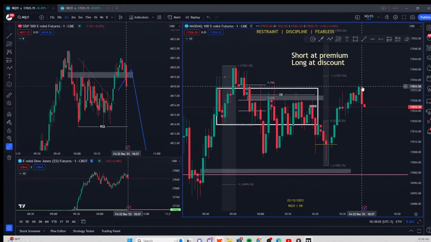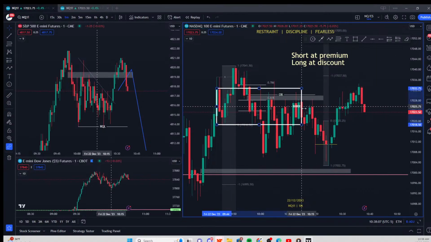But I was just assuming that we're going to keep on pushing because it consolidated so long, but this breaker's still valid for me.